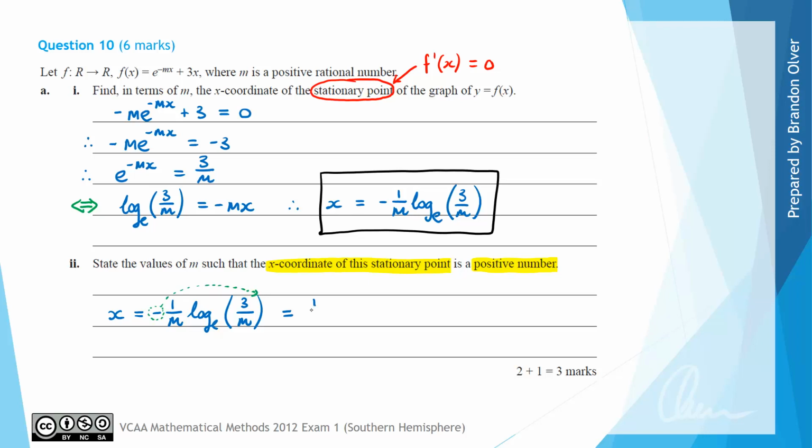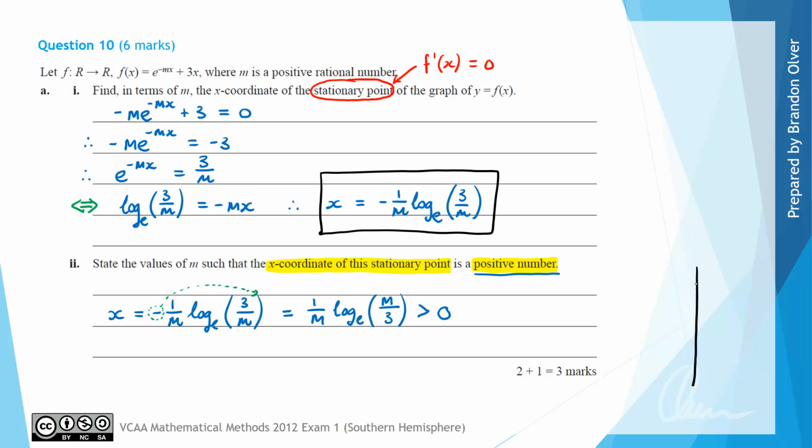So that's equal to positive 1 on m times log e of, instead of 3 on m to the power of negative 1, which just flips the fraction, m on 3 inside the log term. Now we want this term to be greater than 0, so that will give us a positive number.